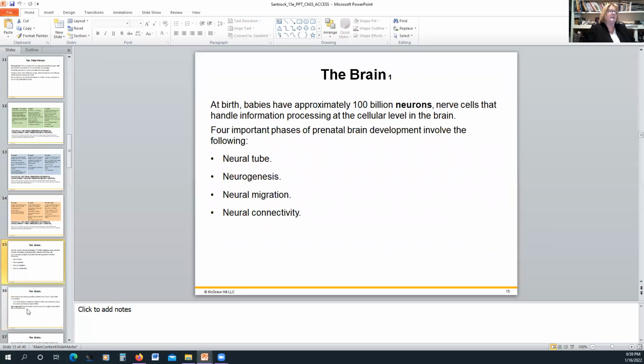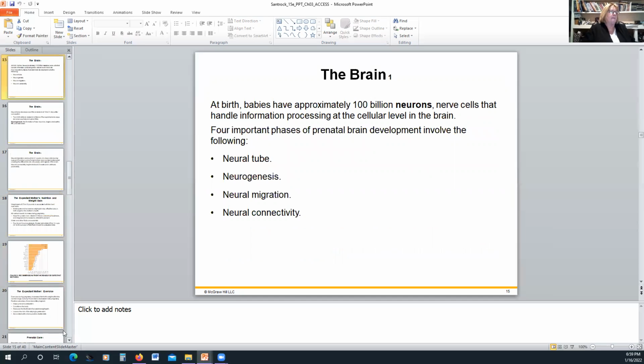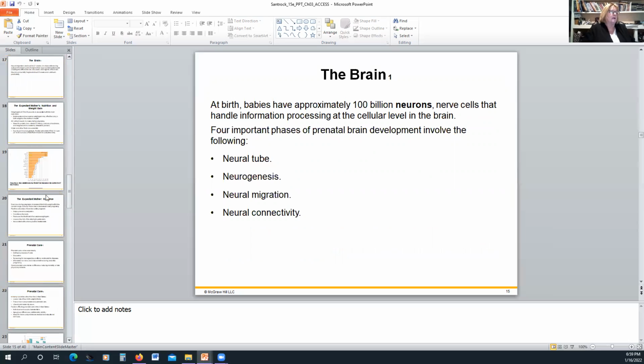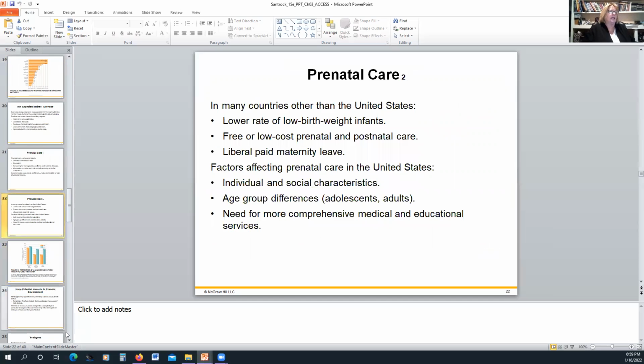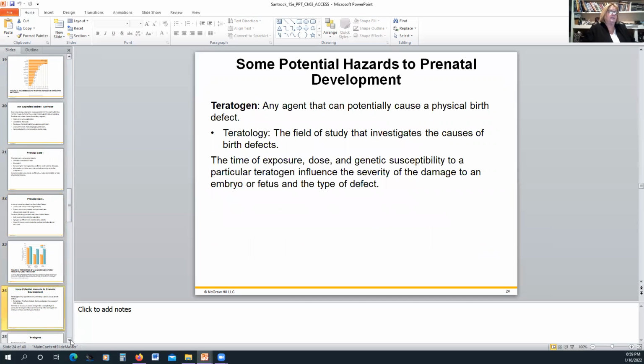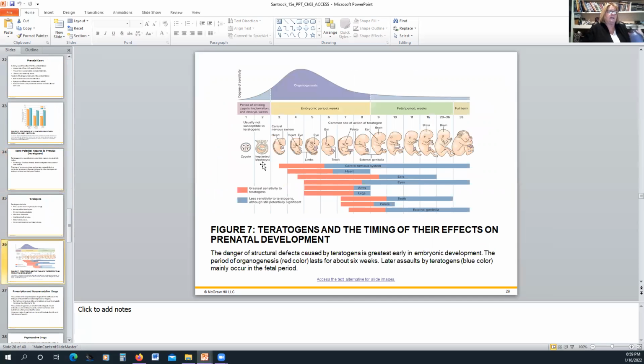And then some information on the brain, the neural tube defects that can happen. Talking about prenatal care and teratogens, again, are a big area. Remember, you've seen this slide before, looking at those things in the environment that can be damaging.